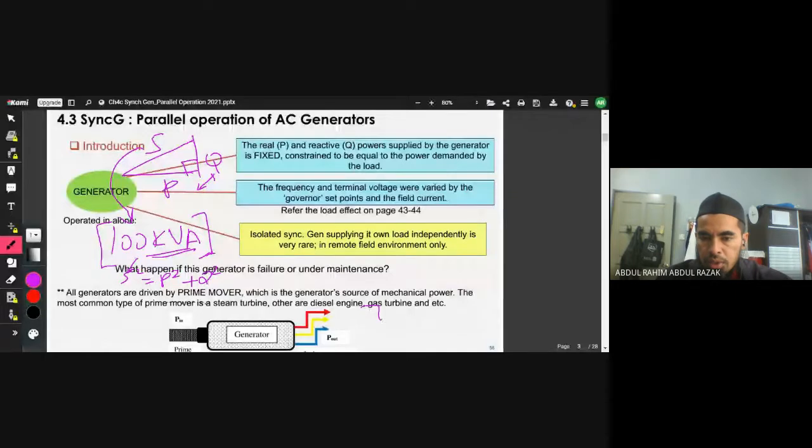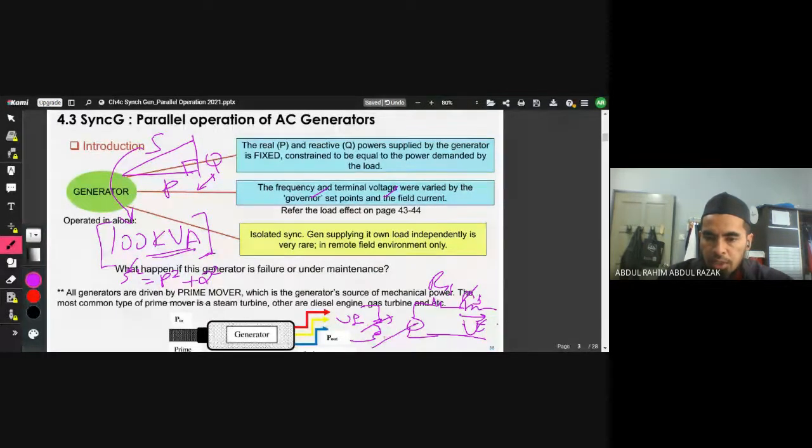We have our VF, we have our generator, RA, XS, and we have our V terminal. The output to the load from this V terminal, in terms of frequency and voltage, will be varied by the governor.